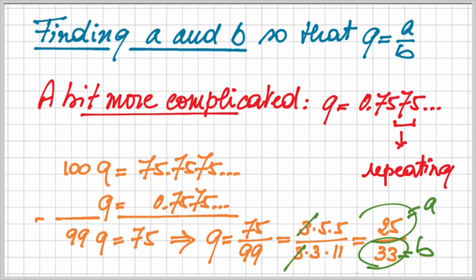Your calculations will be nicer, having only integers, if it's possible. It's not always possible, but anyway, we find a better and more precise way to write those rational numbers. So that was it for this video.